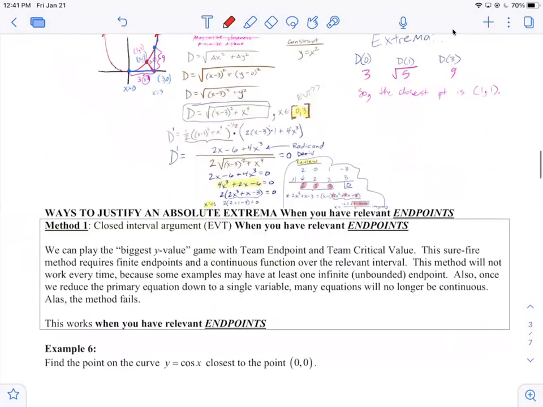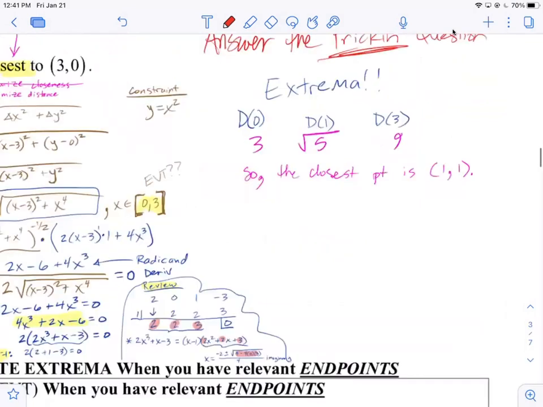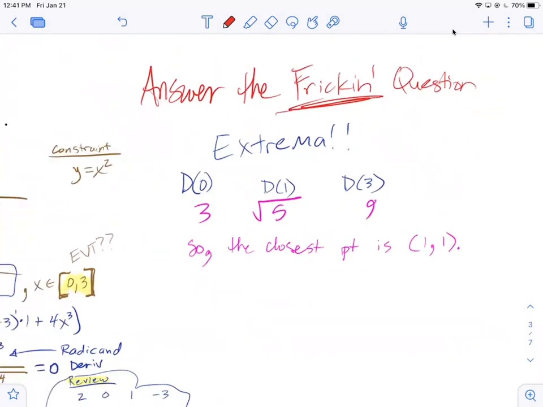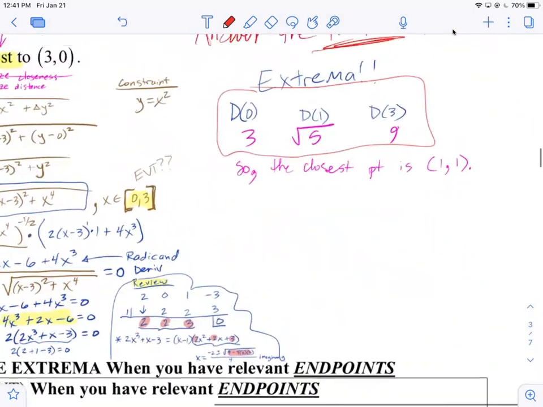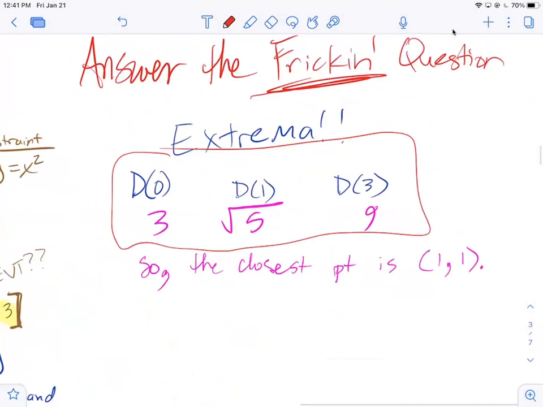All right, so this is just a summary of how to justify if it asks you to justify. This is enough justification when it's a closed interval: you show the critical value computation, we find them ourselves and declare them by x equals down here. Then you compute the y values at all the interior critical values and the endpoints. That's the justification.